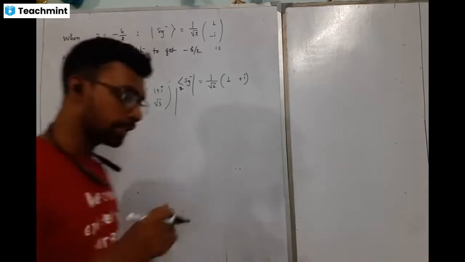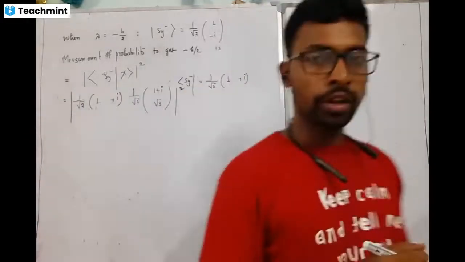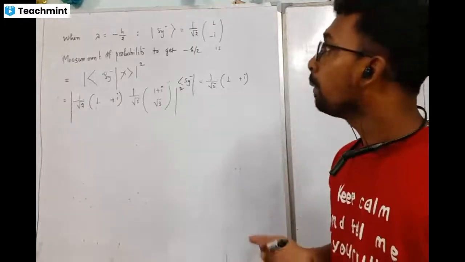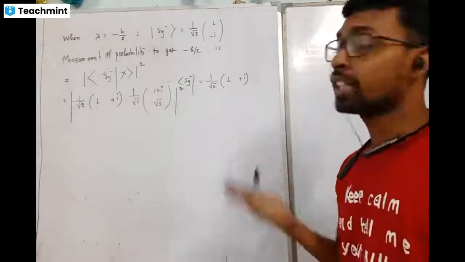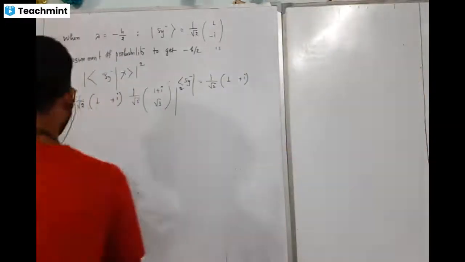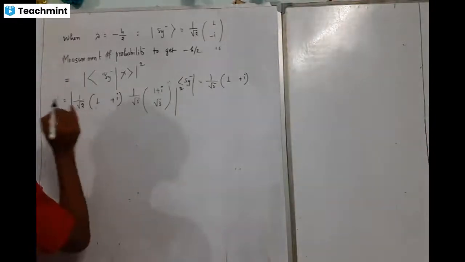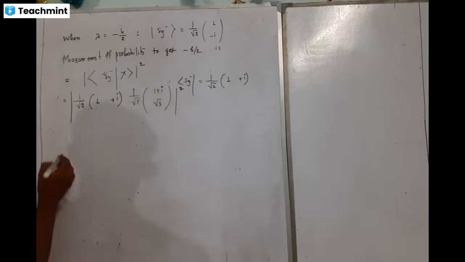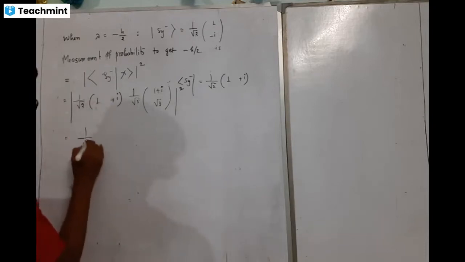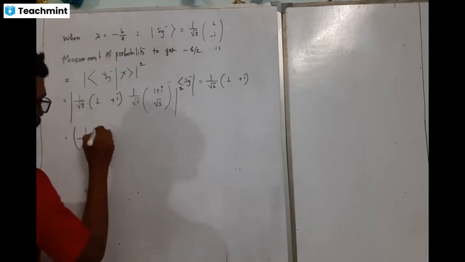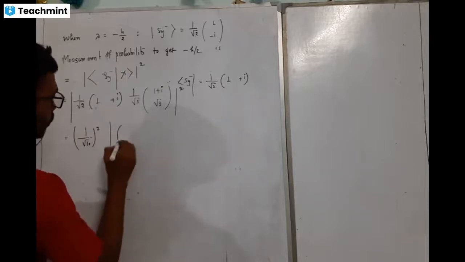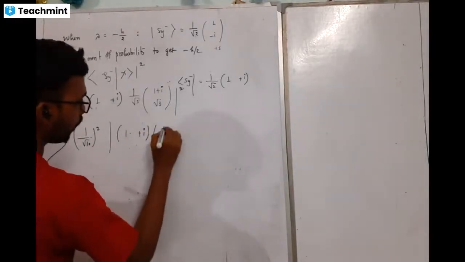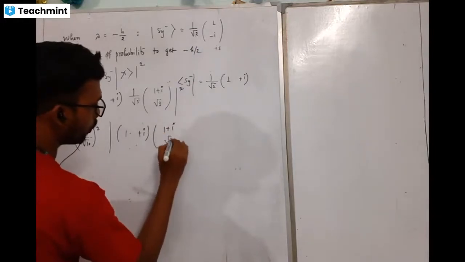Now we calculate this expression and finally get the probability to get minus h cut by 2. These two terms, 1 by root 2 and 1 by root 5, are multiplied with each other, and we get 1 upon root 10 whole square, times the mod square of 1 plus i and 1 plus i root 3.